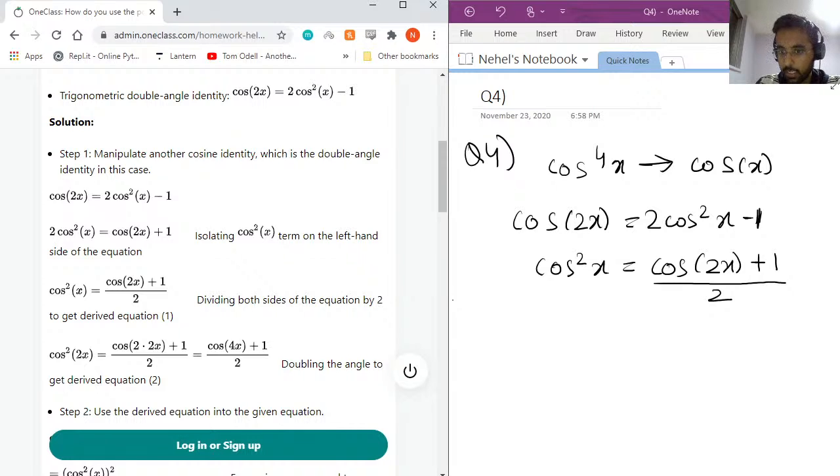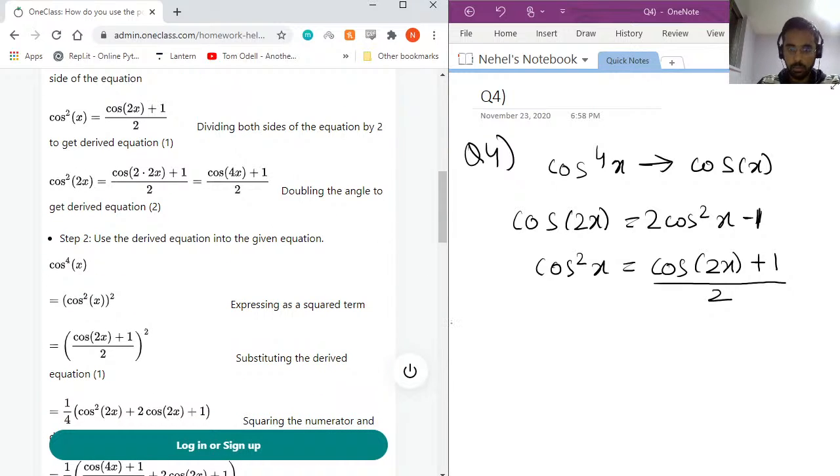But it's important to note that here we have cos 2x, but we want to represent the cos 4x in terms of cos x and not cos 2x. So from here, we can see what cos x would be. So we'll get to that step in a second.